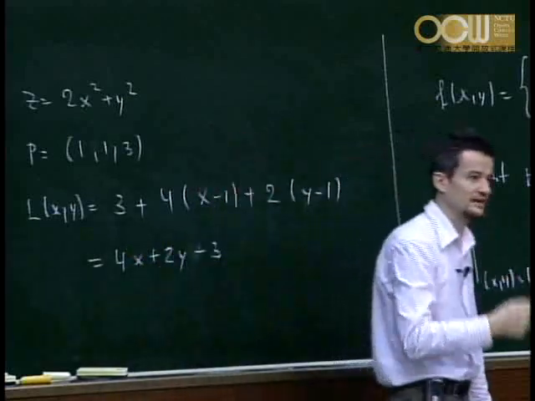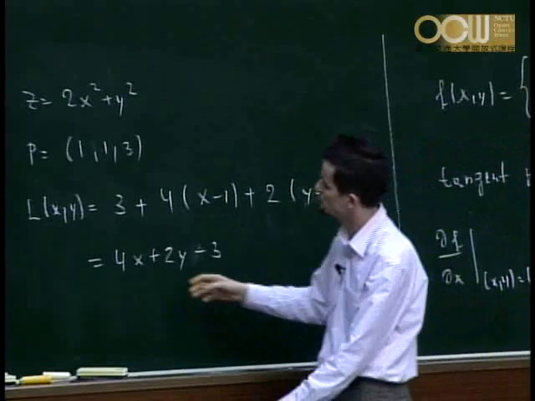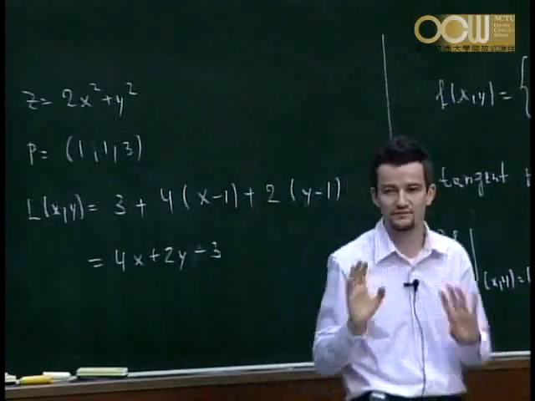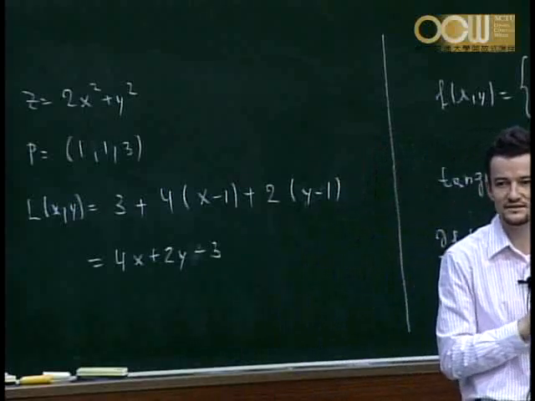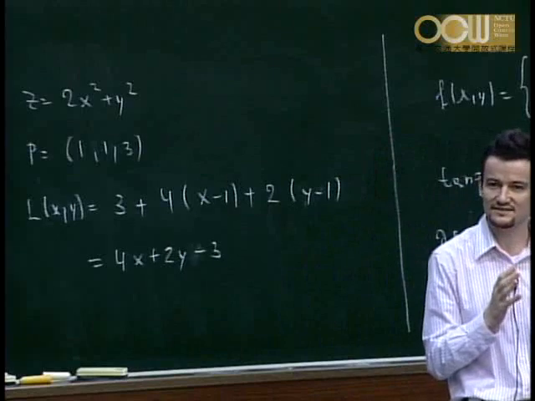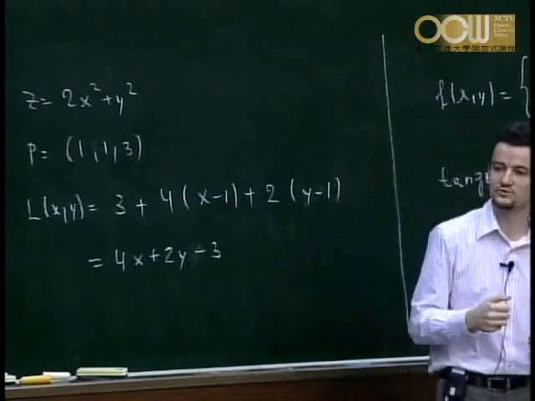Now, this is not very precise. In which sense should the tangent plane be a good approximation? I have to make this precise. But the definition, which you will see in a minute, just says that the function is differentiable if the tangent plane is a good approximation.